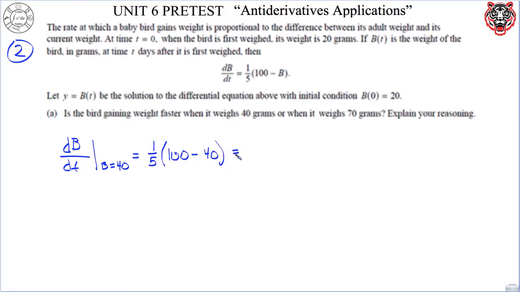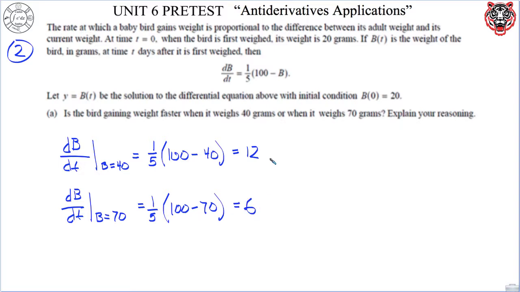So this is equal to 12. And then dB/dt when you have B equal to 70, our other one, we're going to just plug it in, 1/5 of (100 minus 70). It's going to be 30. 1/5 of 30 is 6. So this rate is bigger than this rate.